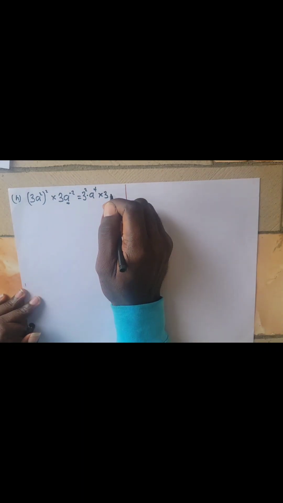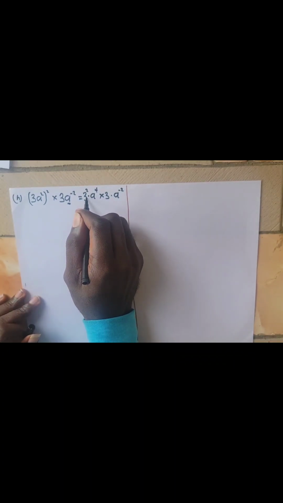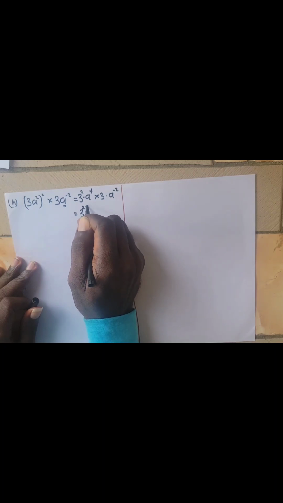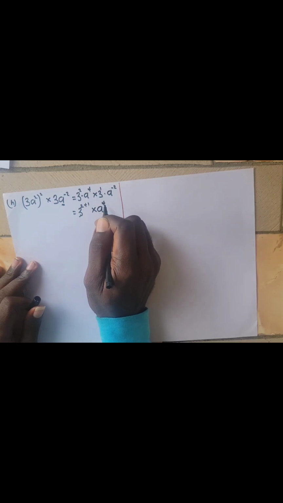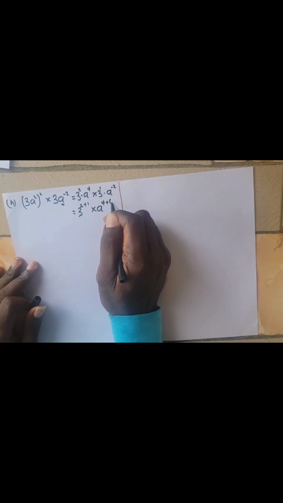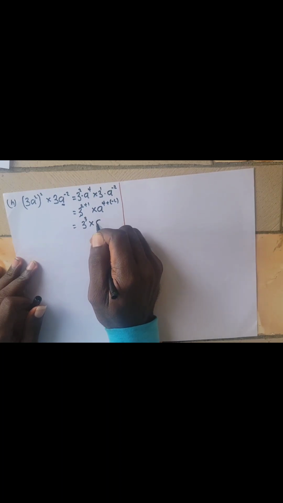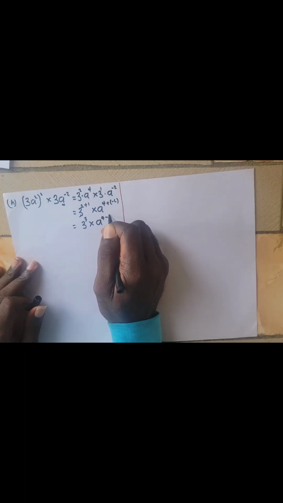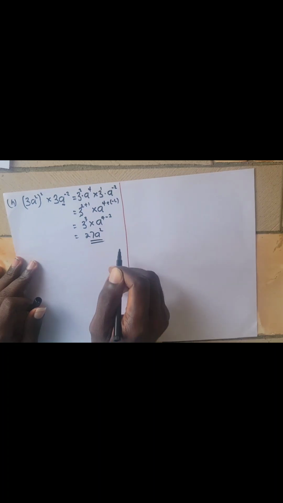This is times a raised to the power minus 2. This is what we have. 3 squared is 9. After this is 3 raised to the power 2 plus 1. The 1 here, if you are bringing the 3's together, times a raised to the power 4 plus minus 2. So this is 3 raised to the power 3 times a raised to the power, plus times minus is minus 2. So this is 27 a squared.